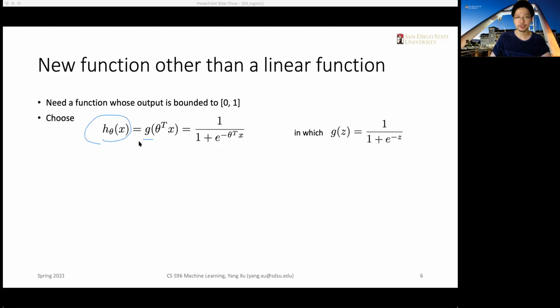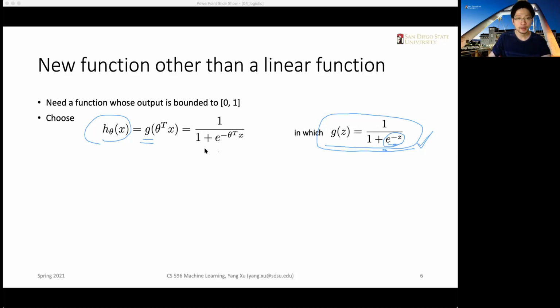First, it's g. g is a function that looks like this: g of z is 1 over 1 plus e to the power of negative z. You will see this function a lot in the future, even when we talk about neural networks, because it's a common activation function.